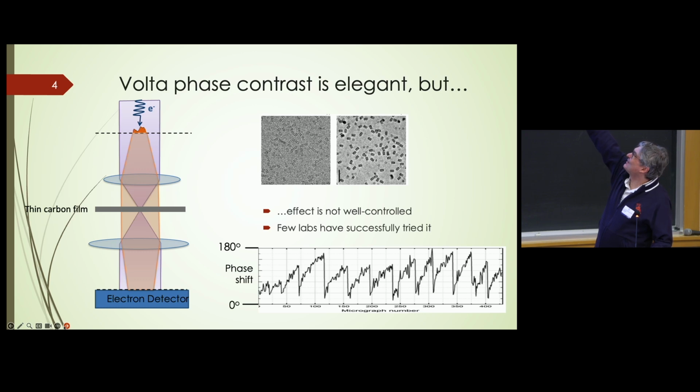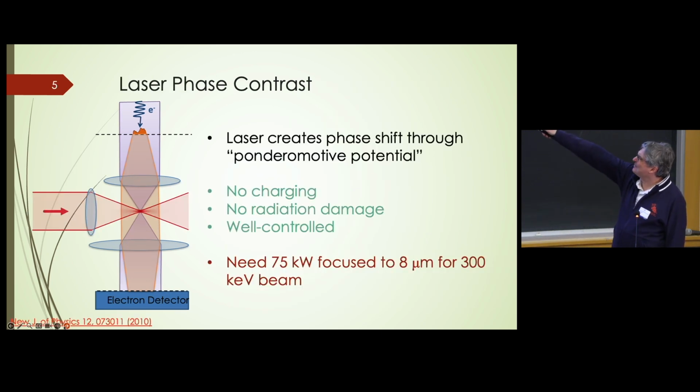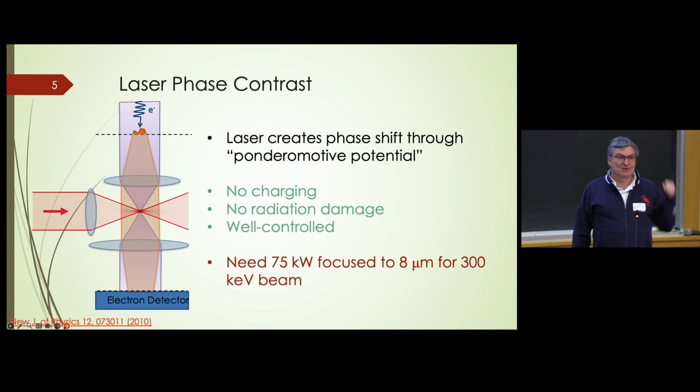Nevertheless, the contrast increase is very obvious, and so phase contrast seems to be the way to go, but how to make it more stable? So the idea is to focus a laser beam so that the laser focus overlaps with the electron focus, and then there's the so-called ponderomotive interaction between the laser electric field and the electron that generates the phase shift.